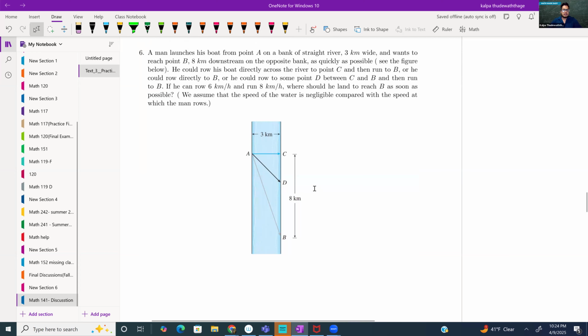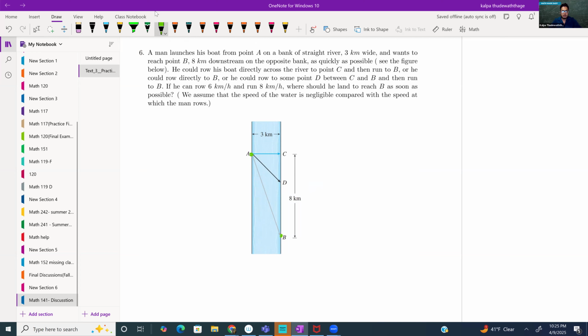Take your time. It says a man launches his boat from point A on a bank of a straight river, 3 kilometers wide, and wants to reach point B. So basically, the man needs to start from here and go to B. So there are three options.